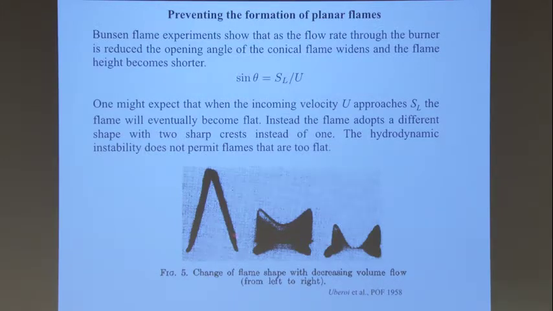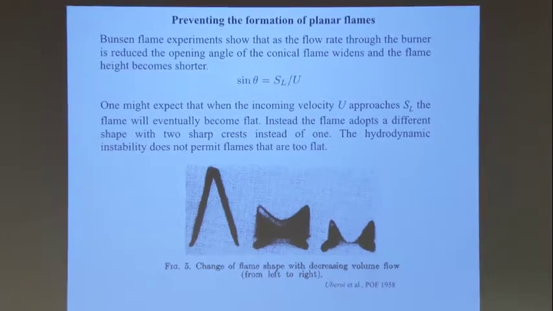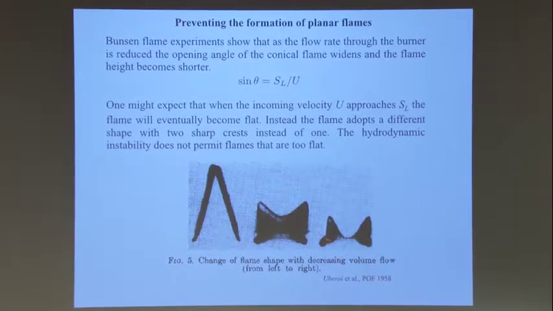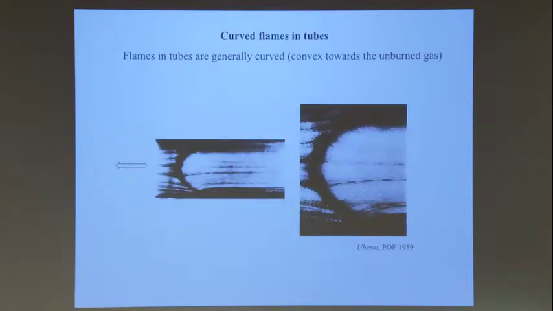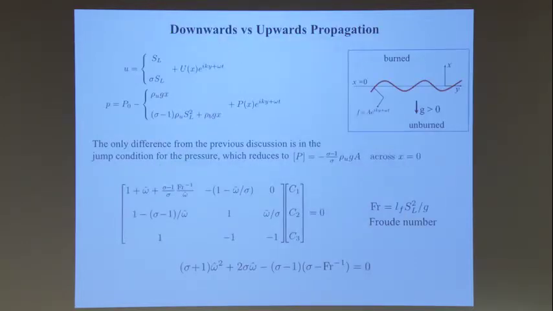If you look at a Bunsen flame and you reduce the incoming flow, eventually you expect the flame to become flat, but it never does. It always has this cusp-like structure, and again, that is a result of the instability. Similarly, flames in tubes are known to be curved, convex towards the unburned gas. Again, this could be attributed to the instability.